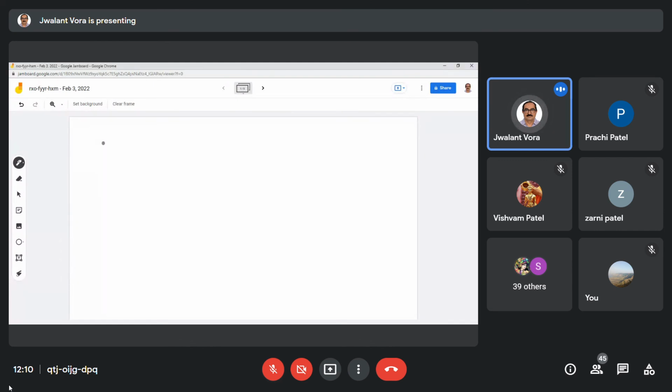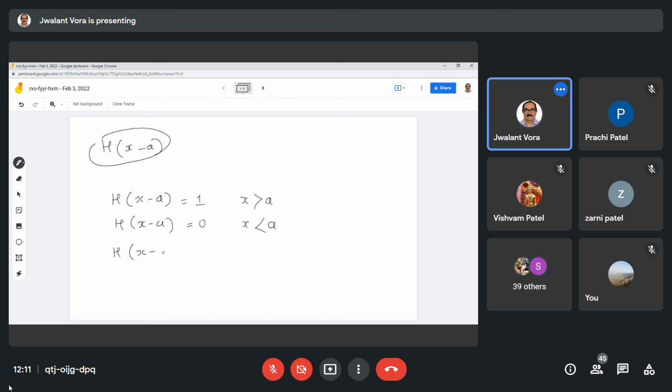Heaviside step function H x minus a. This is known as Heaviside step function. H into x minus a is equal to 1 for x greater than a. H into x minus a is equal to 0 for x less than a. H x minus a is equal to 0.5 for x is equal to a.